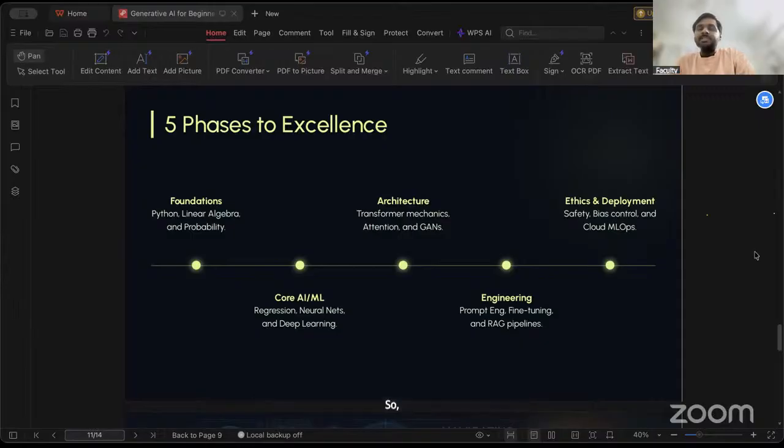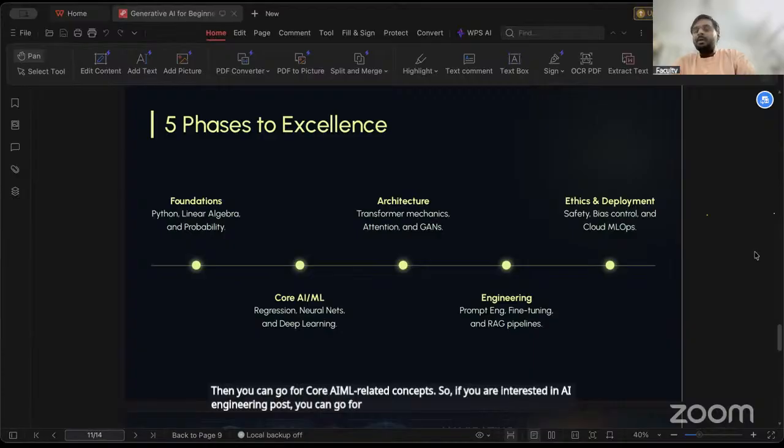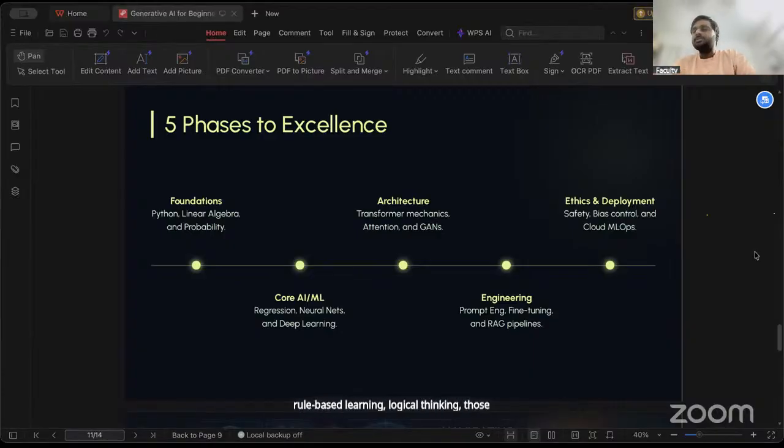Once you are clear with all the fundamentals, all the foundation, then you can go for core AIML related concepts. If you are interested in an AI engineering post, you can go for rule-based learning and logical thinking. Those areas you can explore.